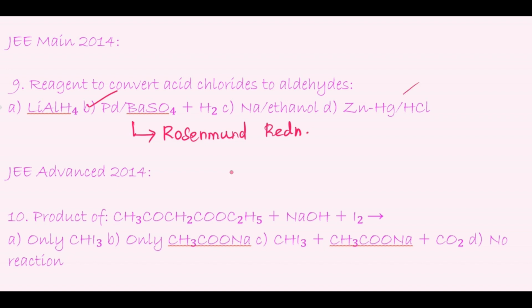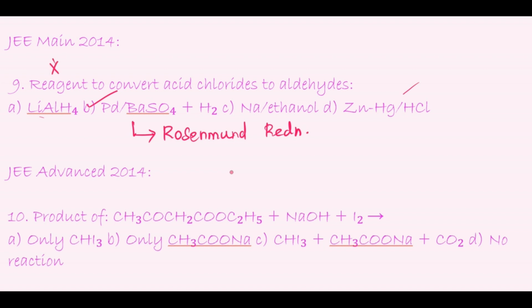This is Clemmensen, so that will not give you, that is conversion of C=O to CH2. That will not give you, and sodium ethanol will not give, and this one sitting over there is a strong reducing agent but does not give aldehydes from acid chlorides.